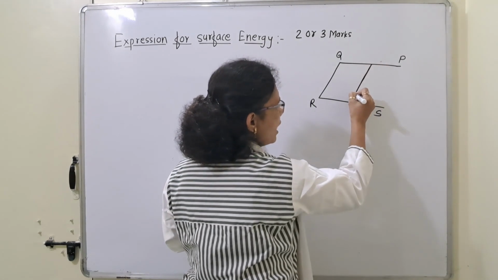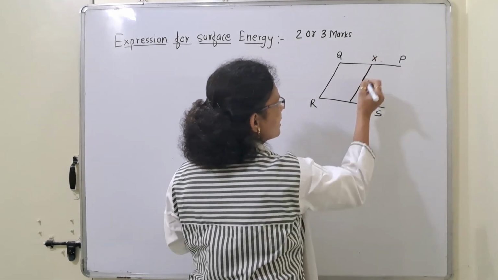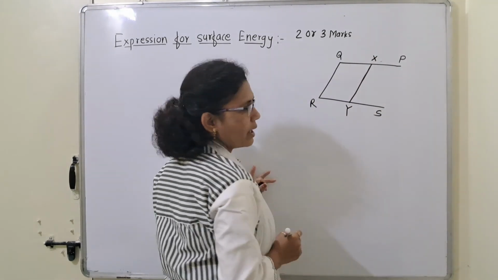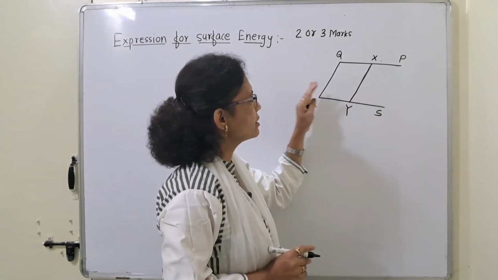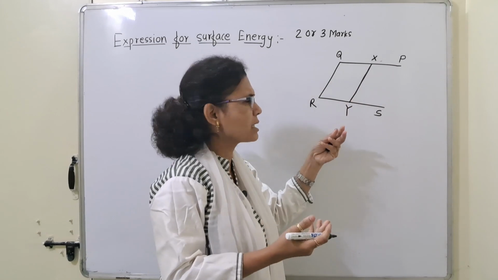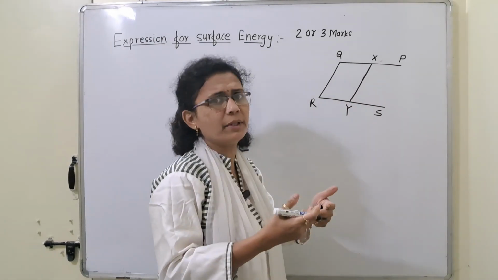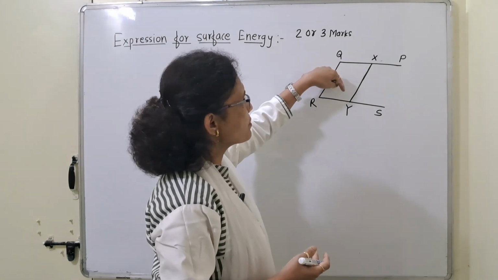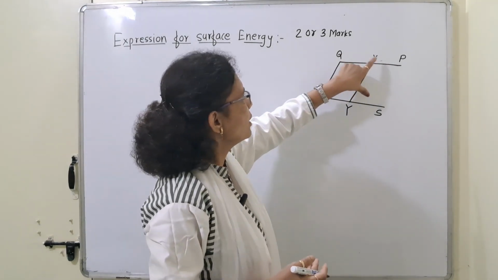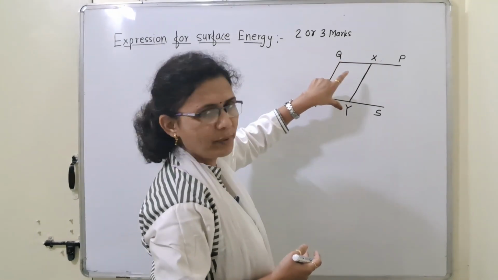This arm will be movable, if I take this arm as XY. This will be a movable arm, means we can move it from left to right. Maybe this arm will be a thread, maybe a wire also. So XY must be movable on this PQRS shaped frame.